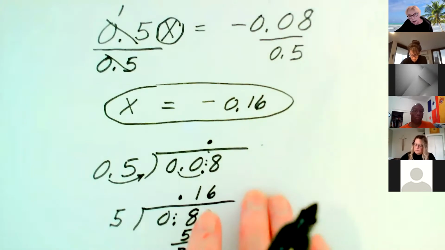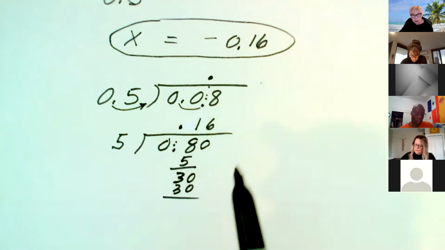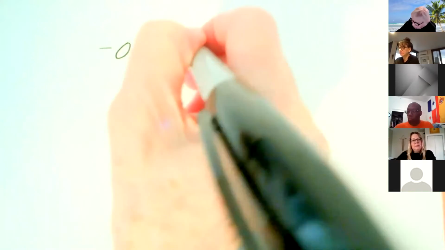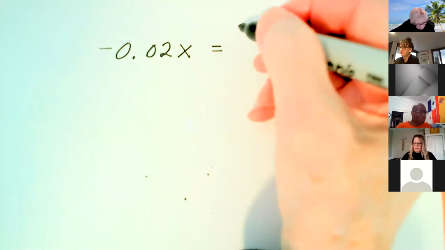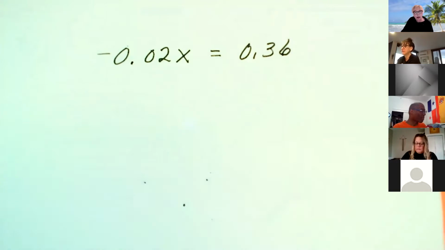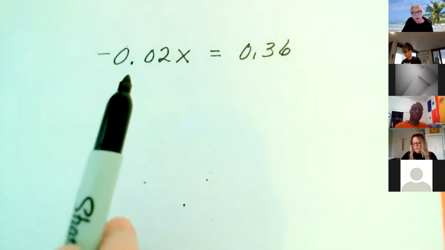Now, I know there are people that are not so happy with doing this division. Let me find a different, well, that's probably good enough. I'm going to find another one and try a different approach. There is another possibility, which is to clear the decimals.